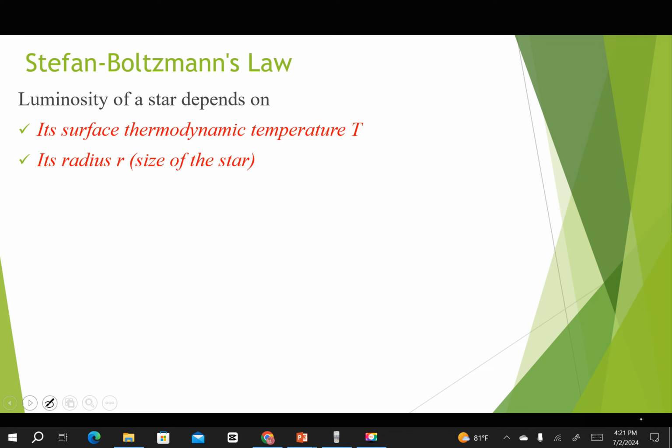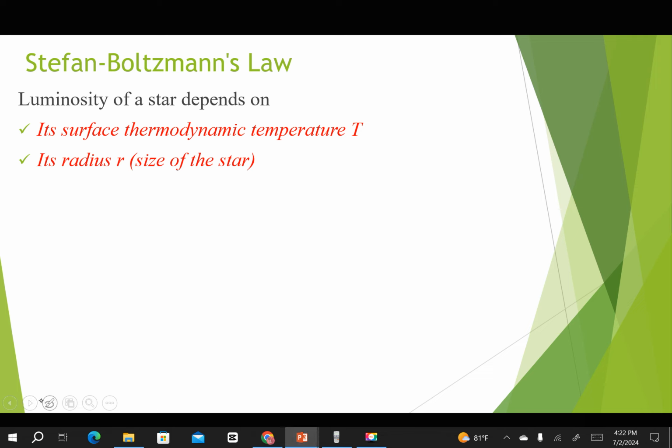These observations also show that the luminosity, or the total radiant power emitted by the object, was always directly proportional to the area of the object.